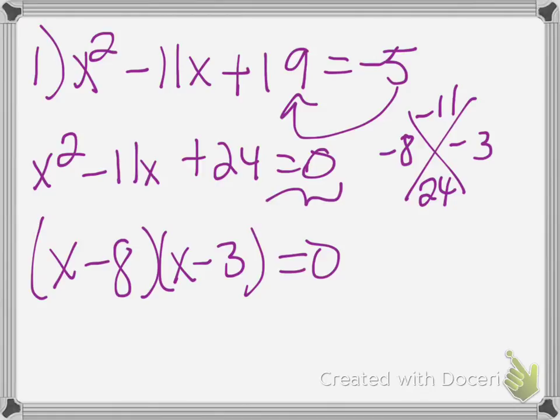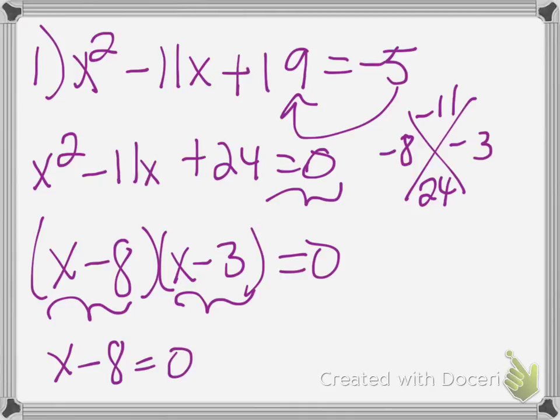So this is the big transition with this section, because we're used to just having expressions. Now at this point, after I factor, I have to do something with it. Before, factoring was the answer, whatever I factored. Now that's just a step in the process. And so now I'm going to set each binomial equal to 0.